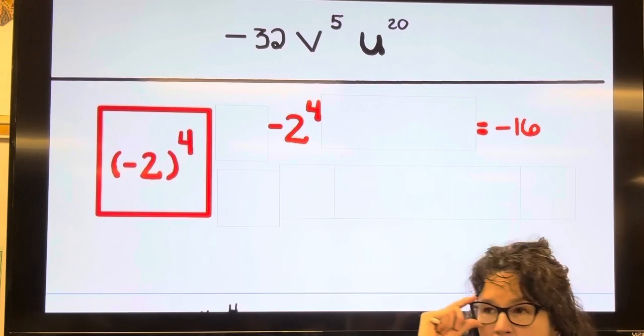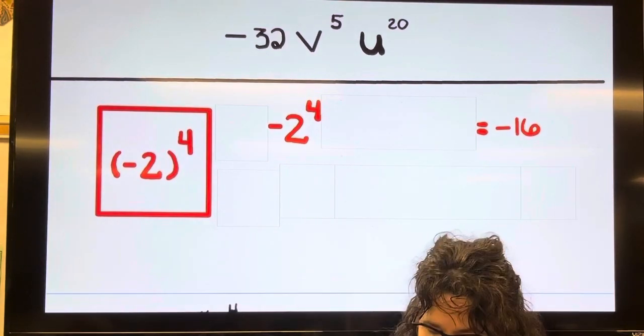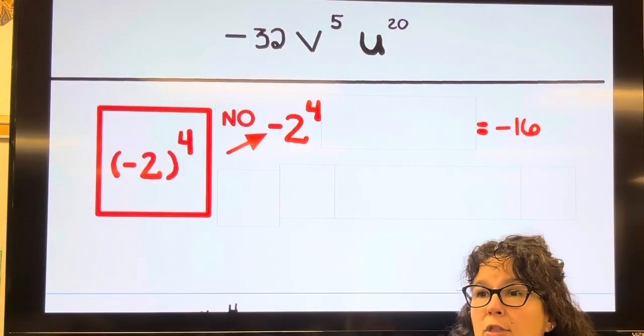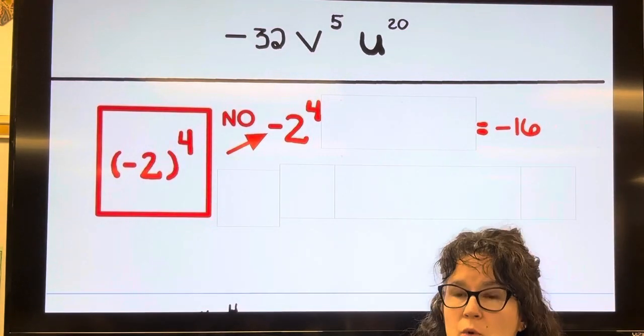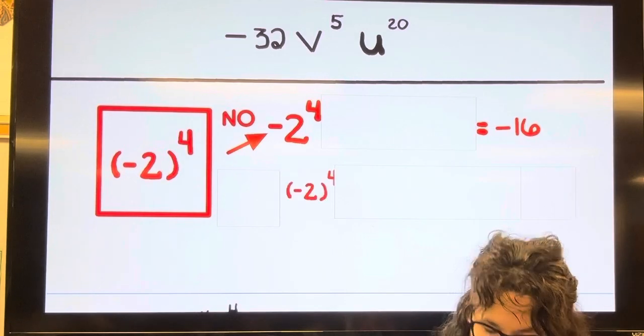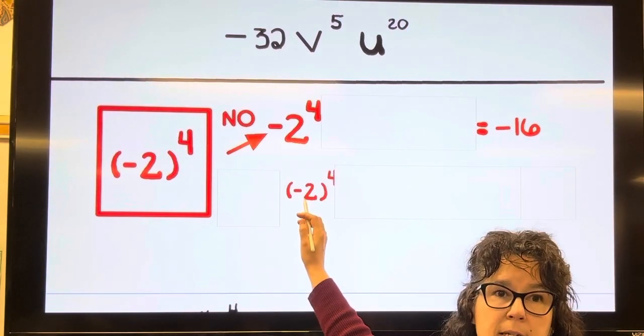And the reason is you're not telling your calculator what you think you're telling it. If you want the -2 to be raised to the 4th, I need to put the -2 in parentheses.